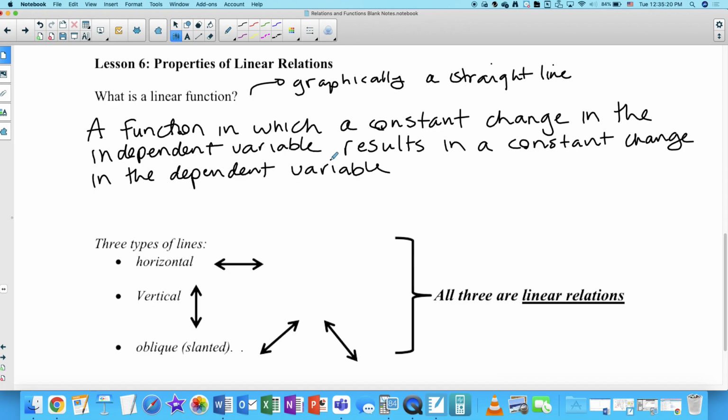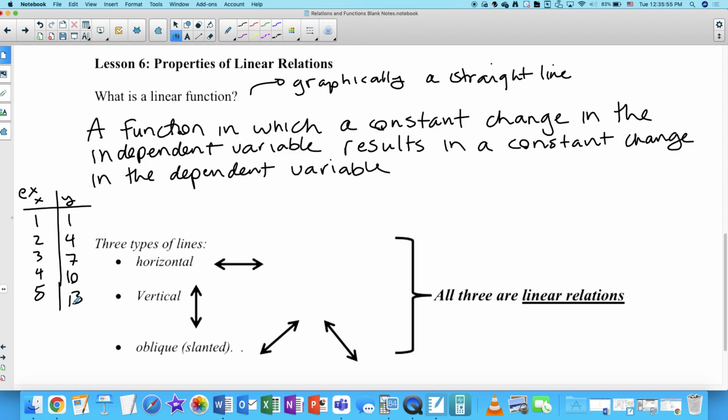So for example, if x goes 1, 2, 3, 4, 5, etc., and y goes 1, 4, 7, 10, 13, etc. Is this linear?